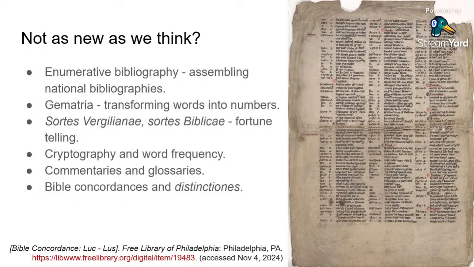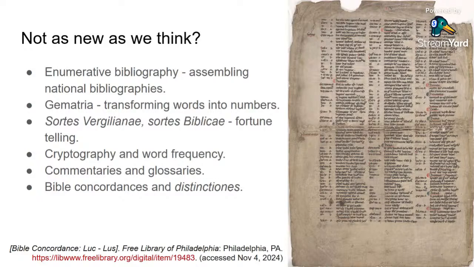I'd say that arguably the assembly of the great libraries at Alexandria and Pergamum and the creation of national bibliographies are the first steps towards creating language-defining corpora and creating these great big bundles of textual data.